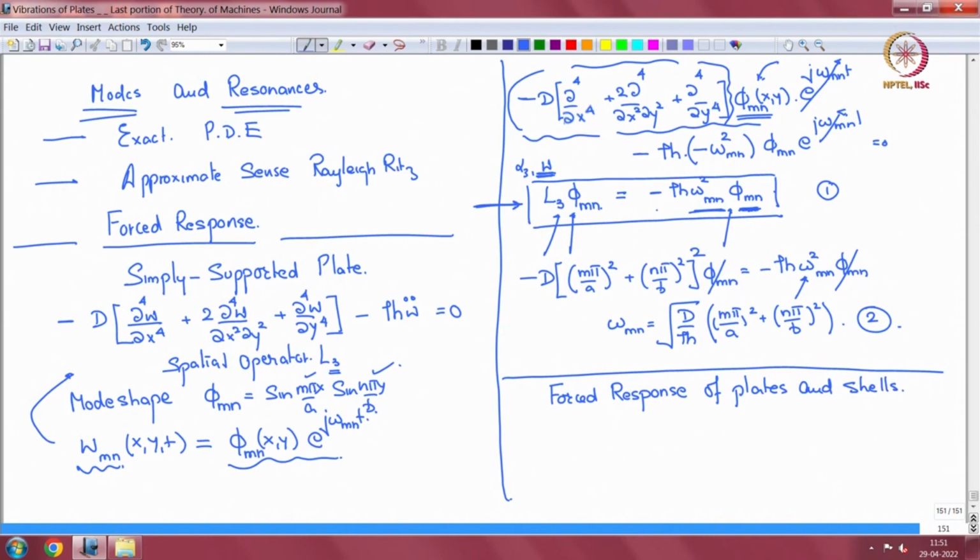So now we are going to expand the displacement as a weighted sum of the mode shapes.